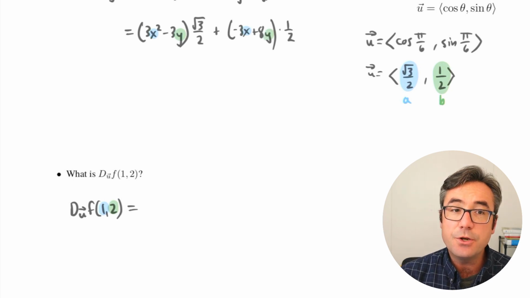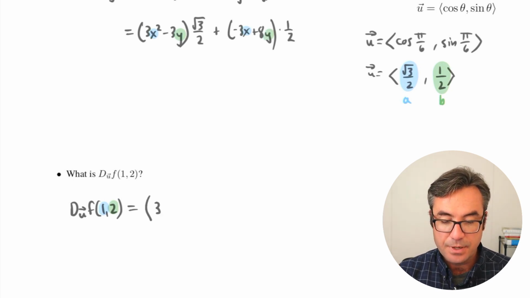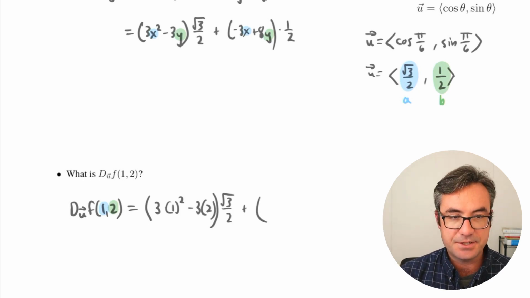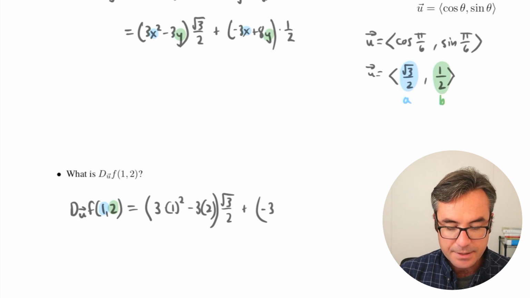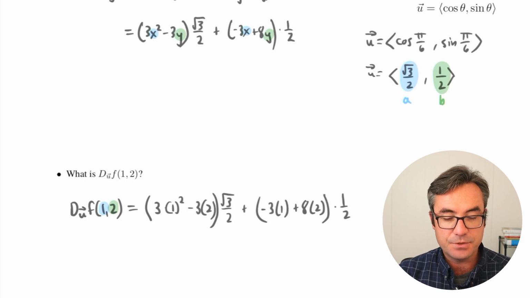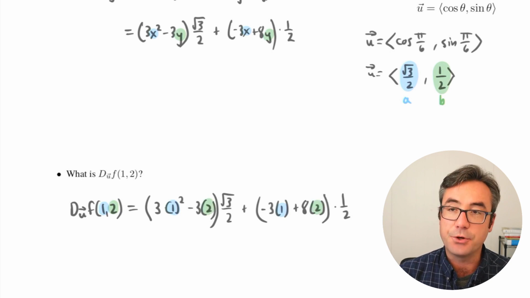So we get 3 times 1 squared minus 3 times 2 times our square root 3 over 2. And then the minus 3 times 1, plus 8 times 2, and then our times 1/2. So again, we're just plugging in here.